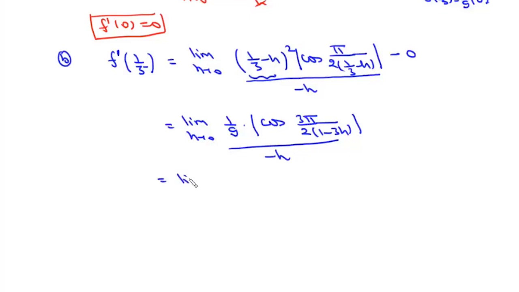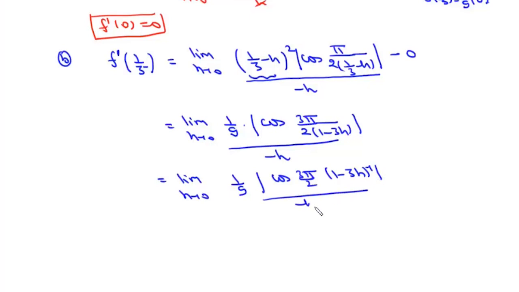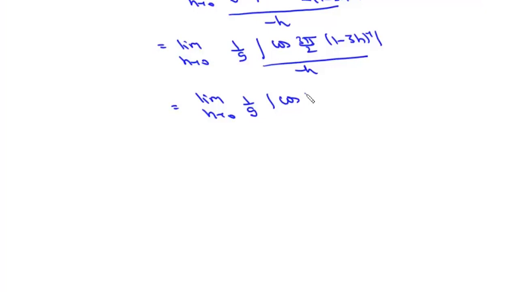Now we'll write this as limit h tends to 0, 1 by 9 mod cos(3 pi by 2), and we'll use binomial expansion of (1 minus 3h) to the power minus 1, whole divided by minus h. Now this is limit h tends to 0, 1 by 9, and this is mod cos(3 pi by 2) times (1 plus 3h and higher powers) upon minus h.